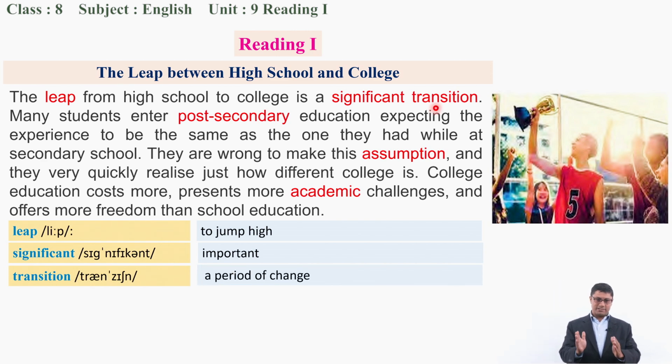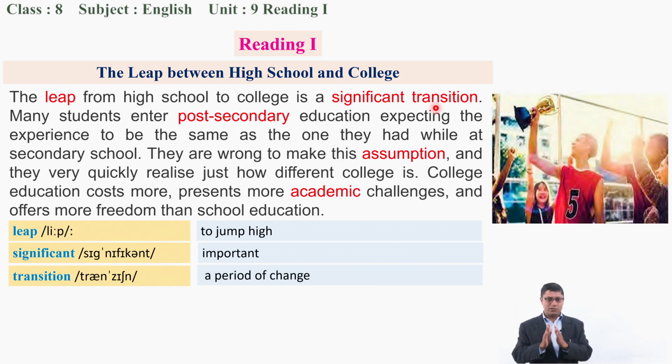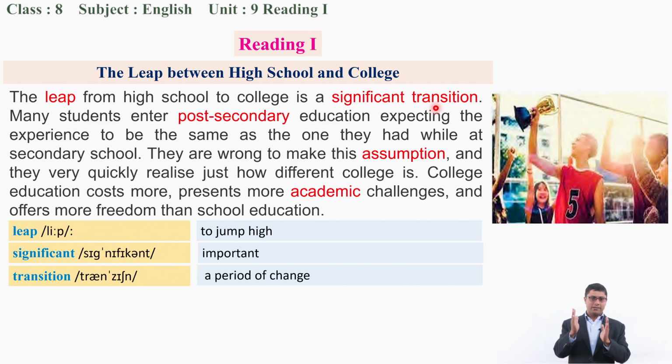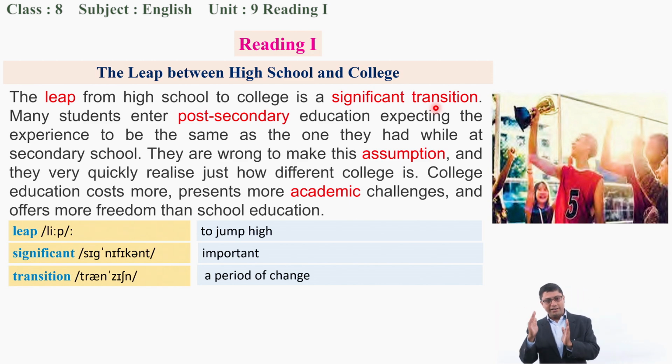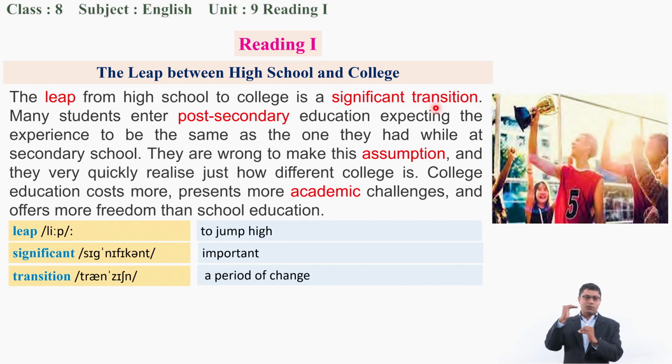So this line says, when a student passes high school and goes to college, there will be lots of differences. There will be lots of changes. That's why the leap means that going to college from high school is a significant transition in a student's life.